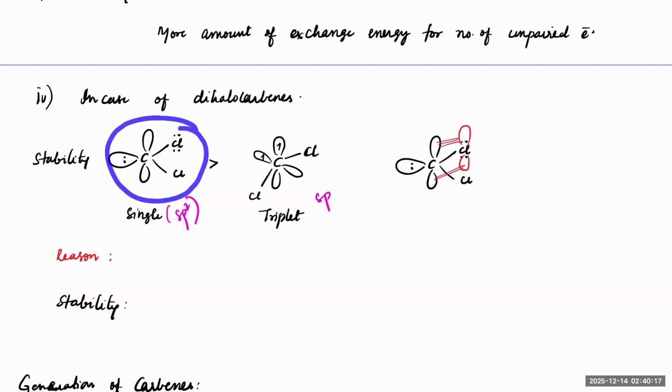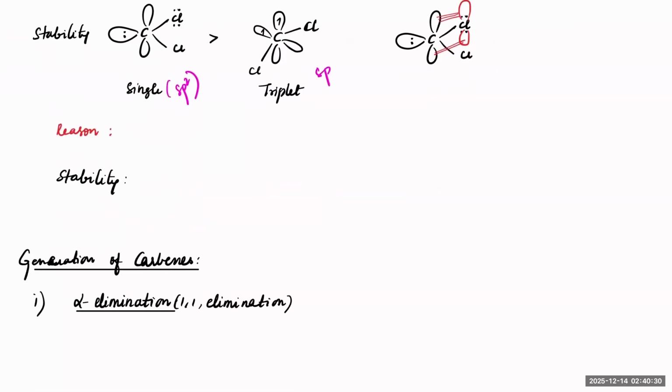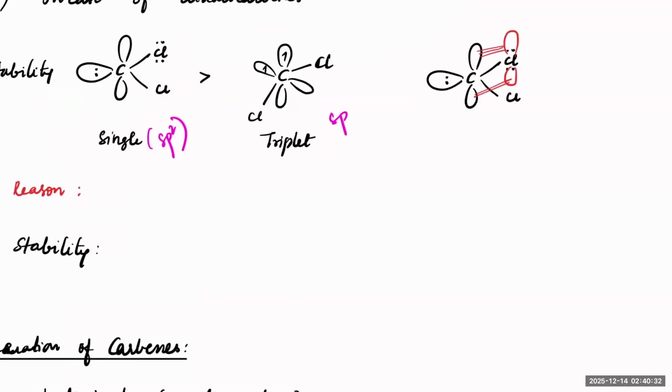To encourage that back bonding, they will remain in the singlet form instead of the triplet form. So let me write down the reason: the reason for that is back bonding.